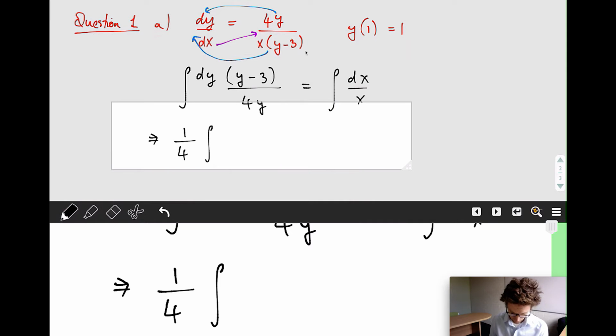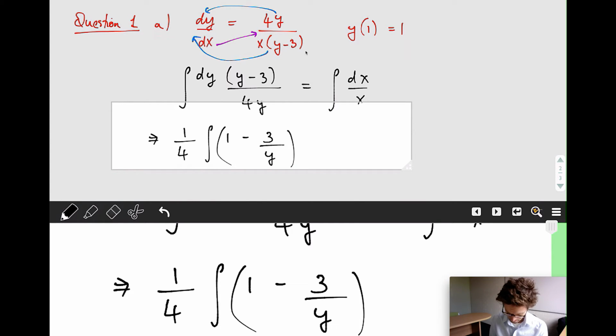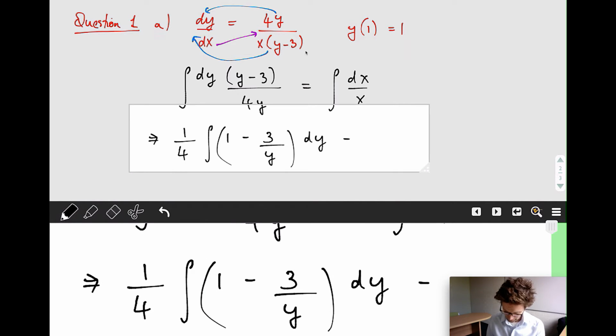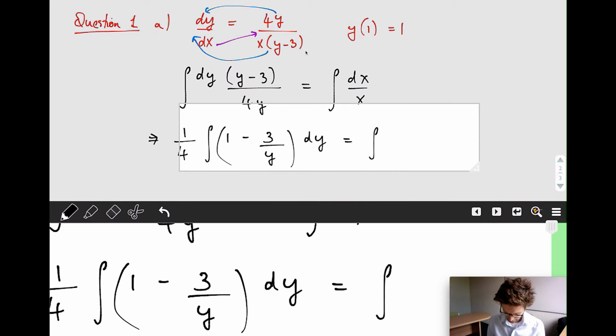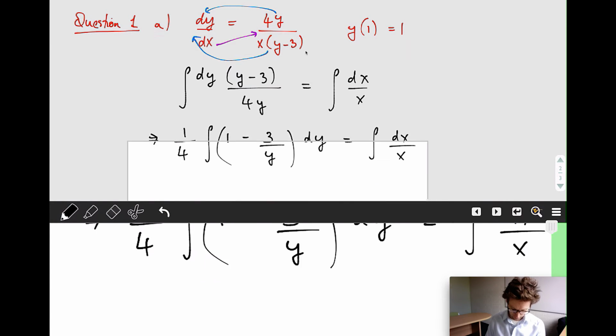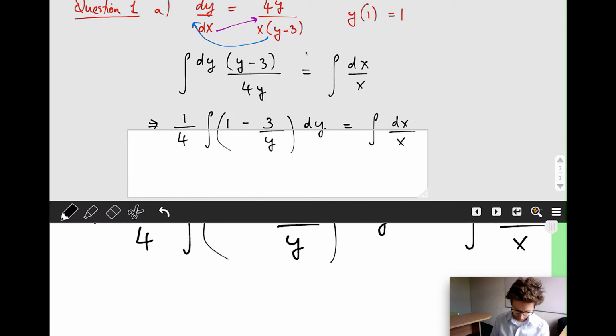I'm left with y divided by y, so that's 1, minus 3 divided by y, so that's 3 over y, dy. And this is equal to the integral dx divided by x.